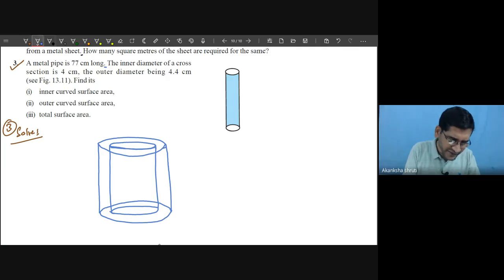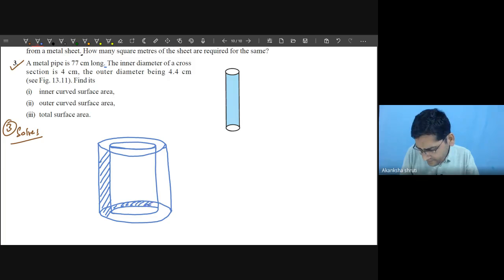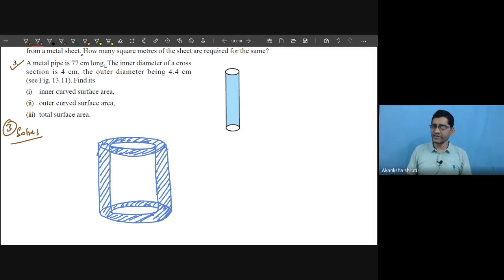Students, this part is filled with material, it is not empty. The material is lying between these two. The inner one is hollow, so that water can flow through this pipe from the inner surface. Are you getting? This is the figure.